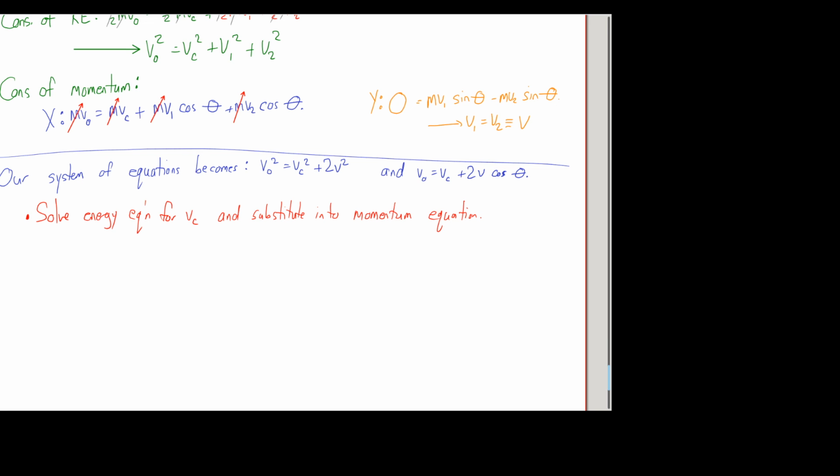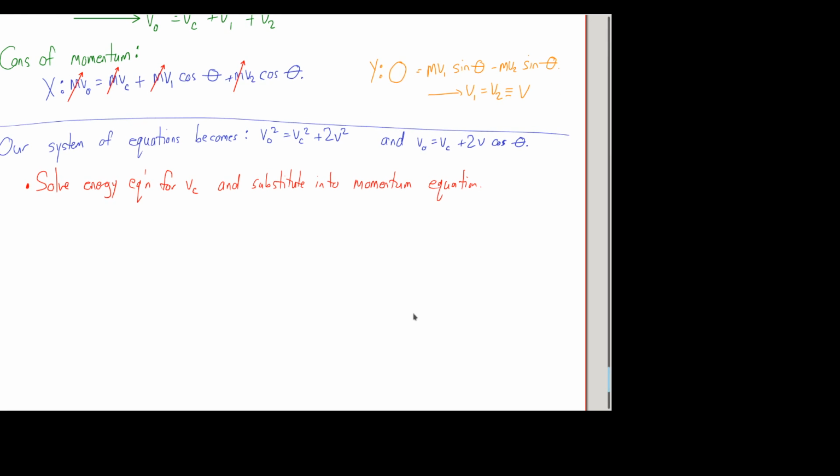So doing that, this gets me that the velocity of the cue ball is the square root of v naught squared minus 2v squared.